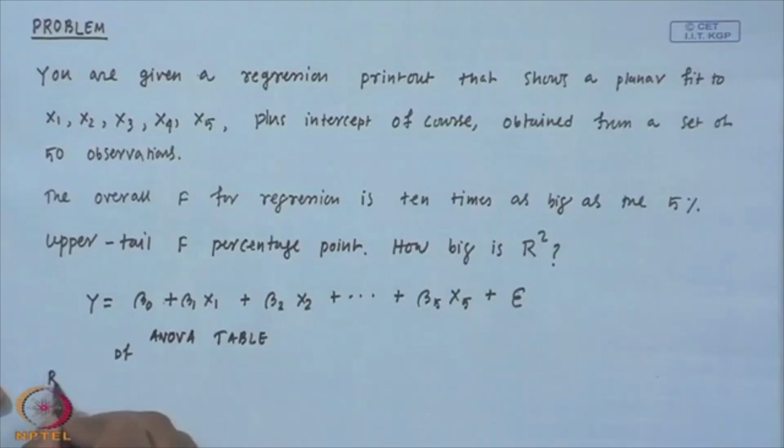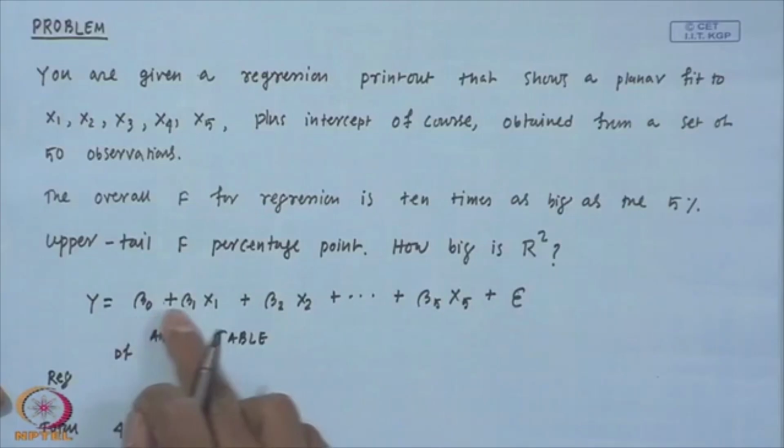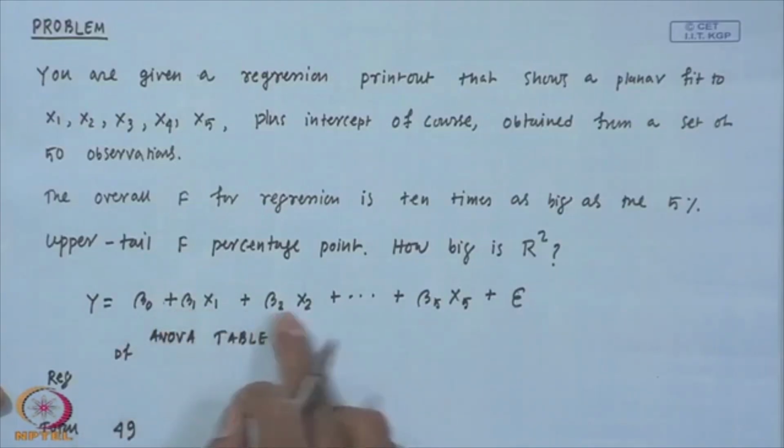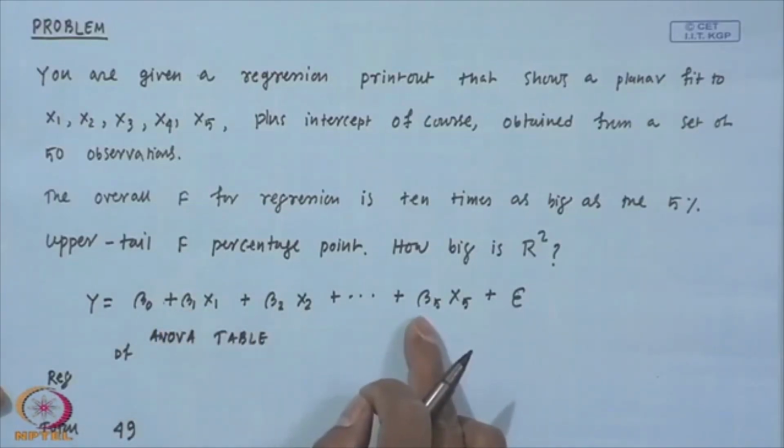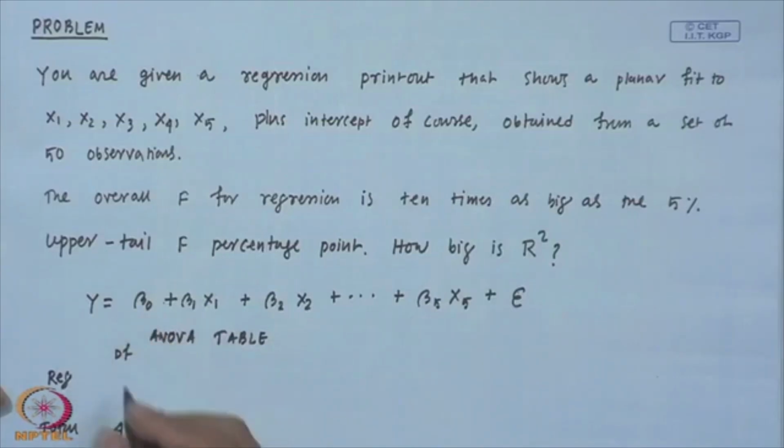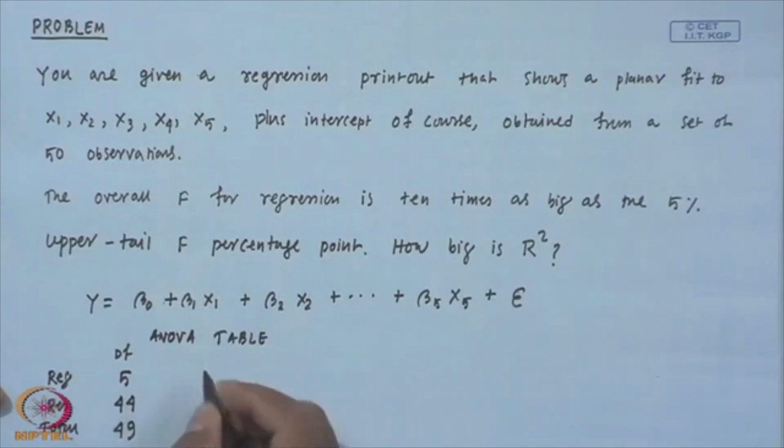and regression degree of freedom is, there are 1, 2, 3, total 6 parameters. So, the regression degree of freedom is 5 and the residual degree of freedom is then 44.